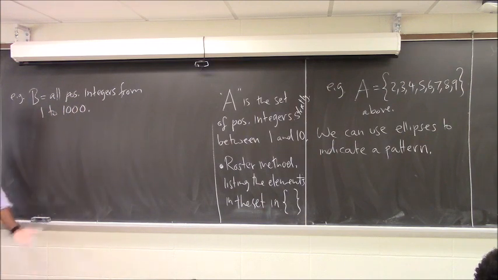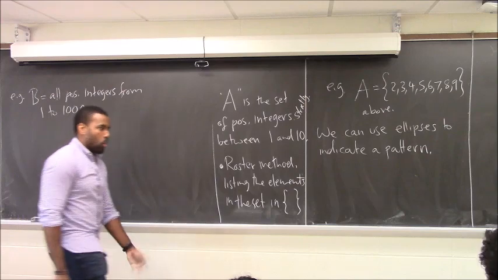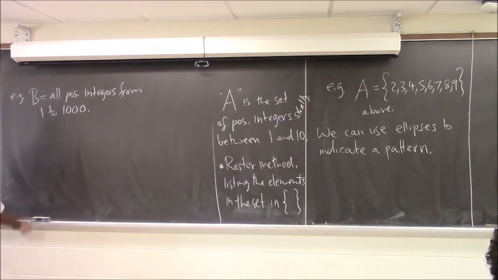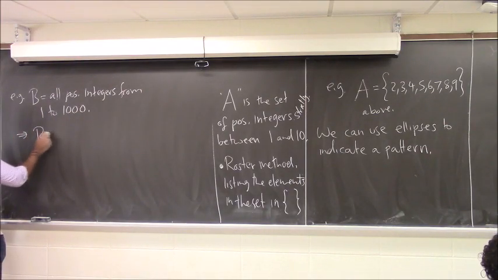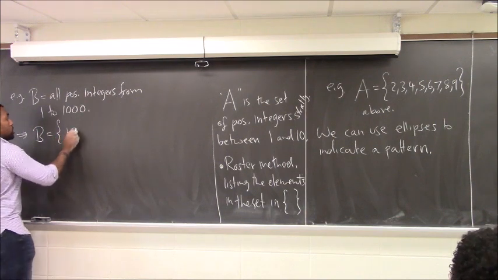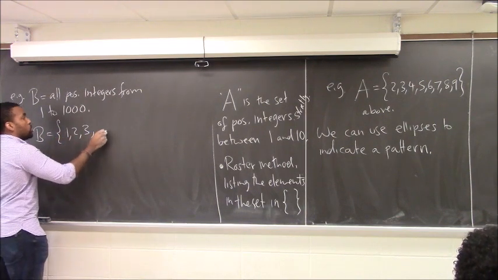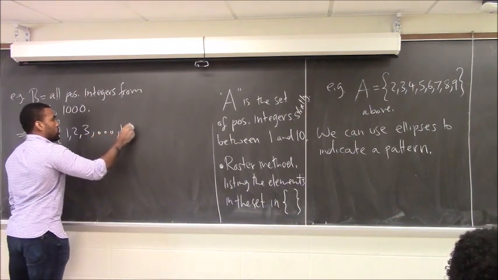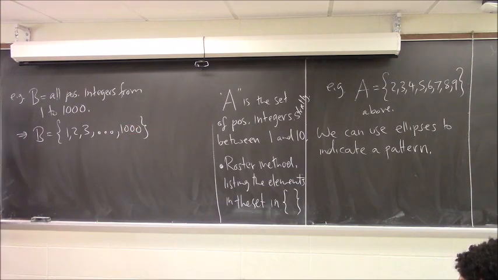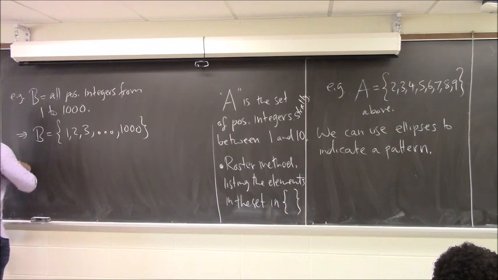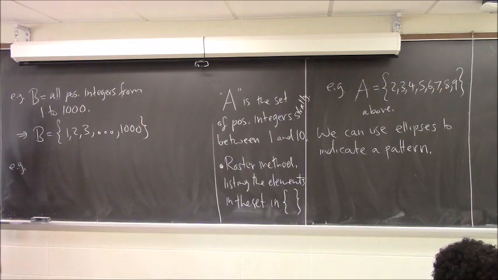Now, you could technically list all of that, take you a while, but why would you want to do that? You could say B equals 1, 2, 3. You get the idea, 1,000, right? So you don't have to list everything. And sometimes you might not even be able to list everything even if you wanted to.